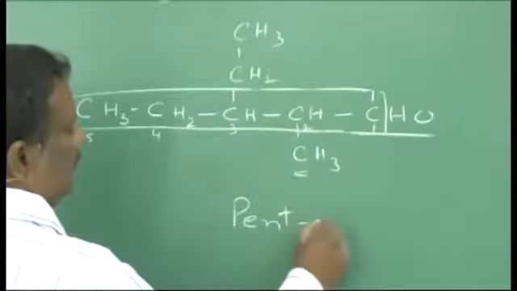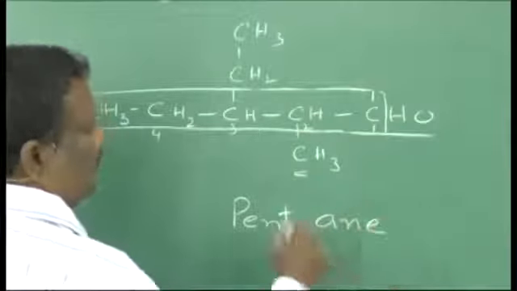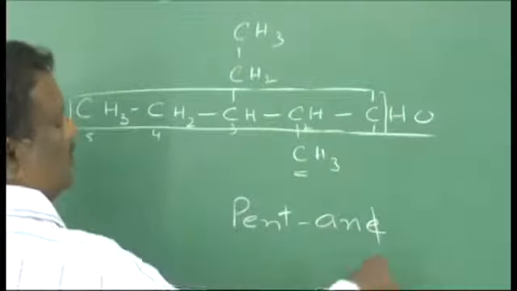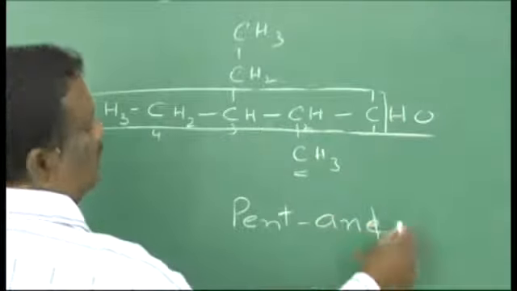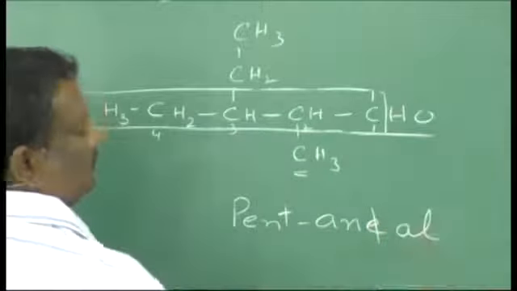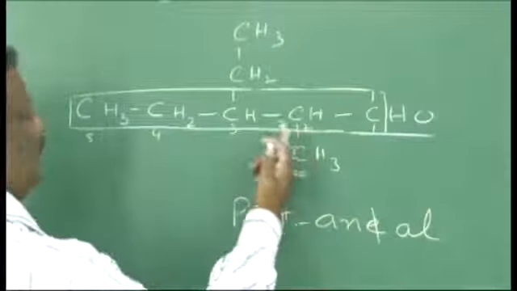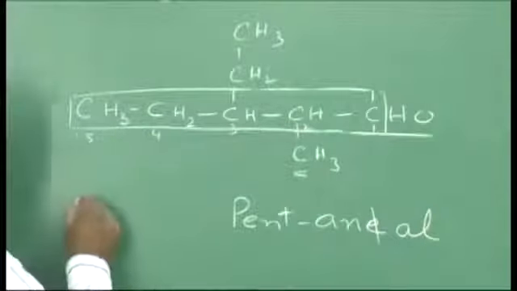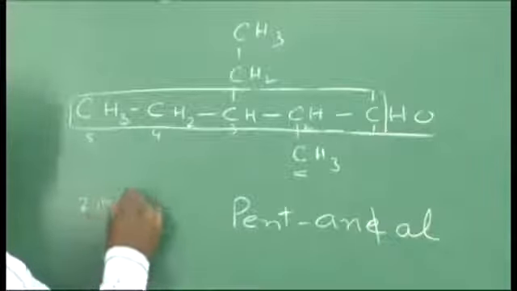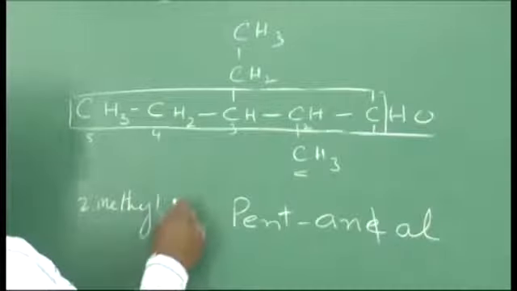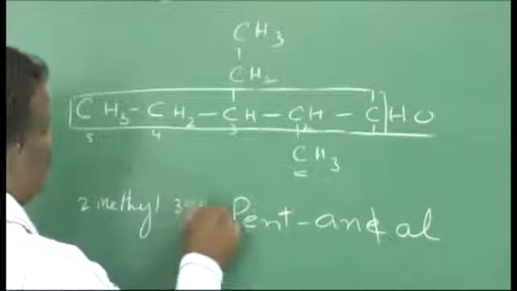Since all are single bonds, ane, and here an aldehyde is there, so in place of the final e, you have to add al, that is pentanal. Now for this pentanal, on the second carbon you have a methyl group, and on the third carbon you have an ethyl group.